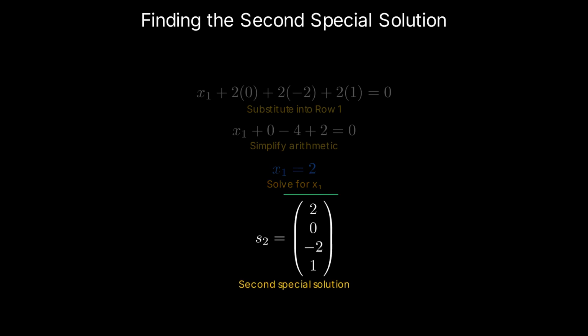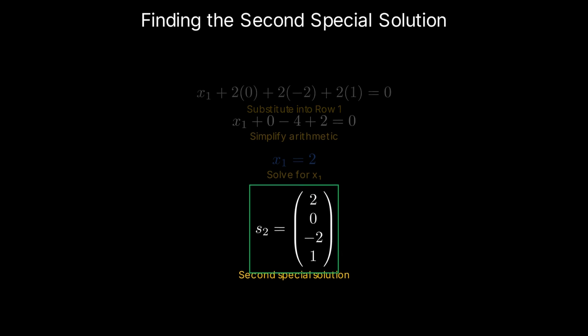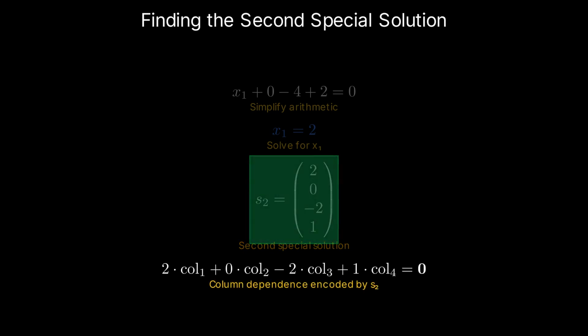Therefore, the second special solution is S2 equals the vector 2, 0, negative 2, 1. We can verify this makes sense as a column dependence. 2 times column 1 plus 0 times column 2 minus 2 times column 3 plus 1 times column 4 equals the 0 vector.